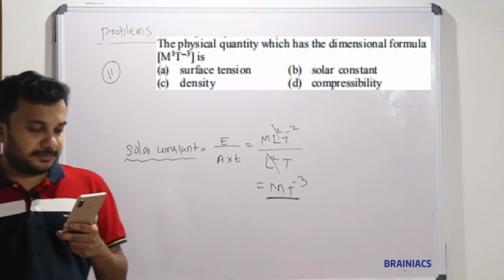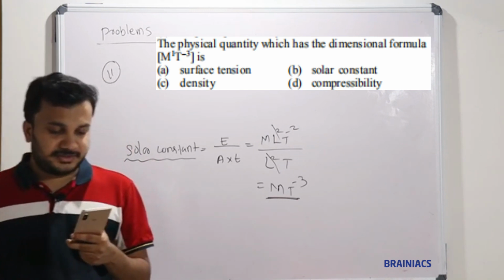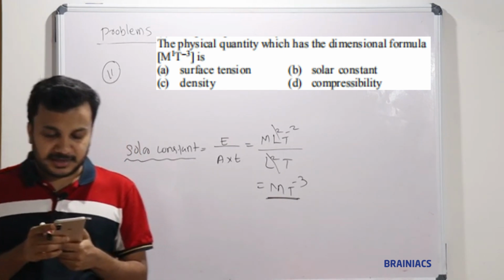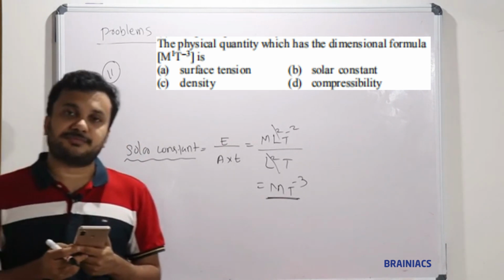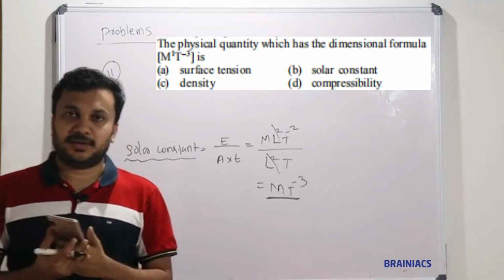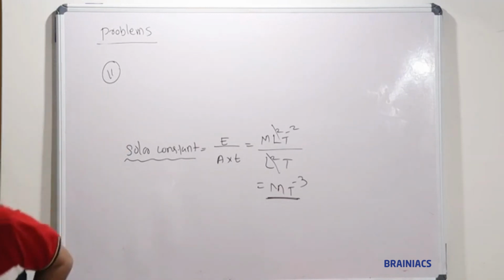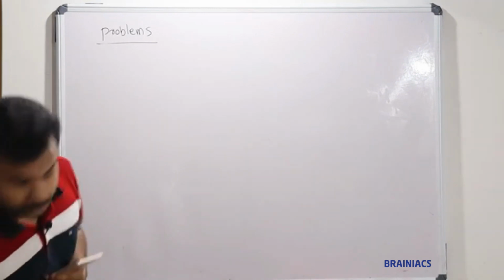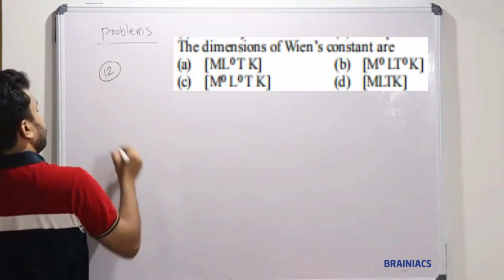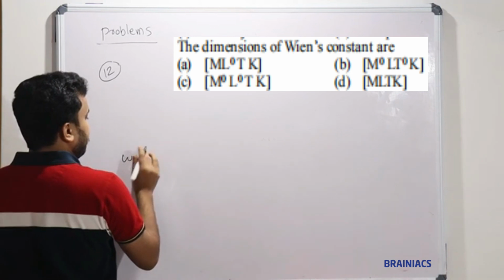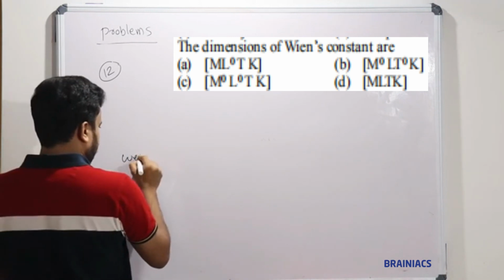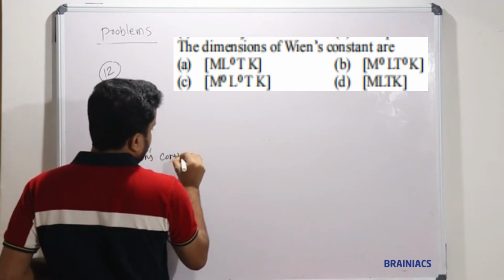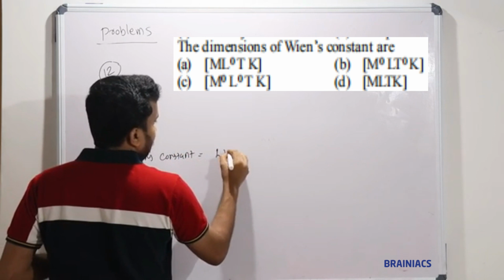Next one, 12th one, Wien's constant. At the moment you can remember it with a dimension formula: Wien's constant will have a dimension formula of LK.